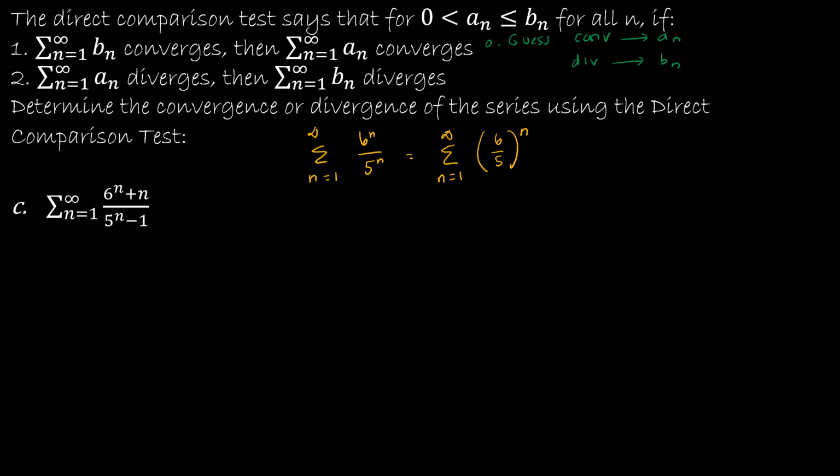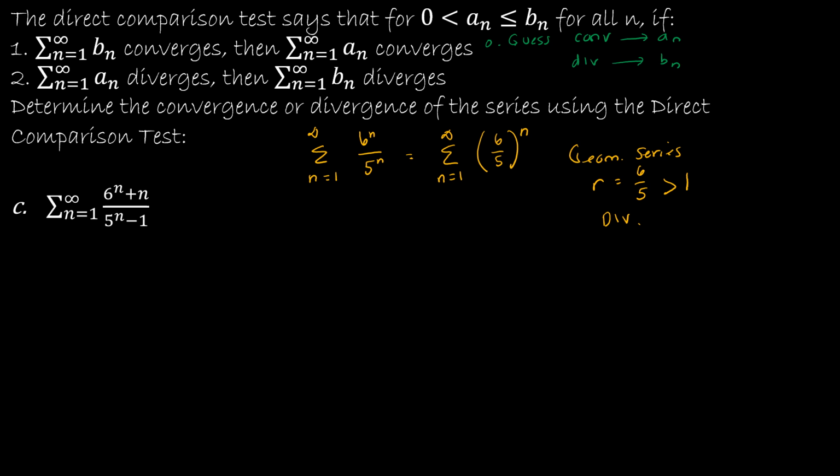Now all of a sudden this is looking like a series I know very well. This is looking like a geometric series with r, not p, with r equal to 6/5, which is greater than 1, which makes it divergent.